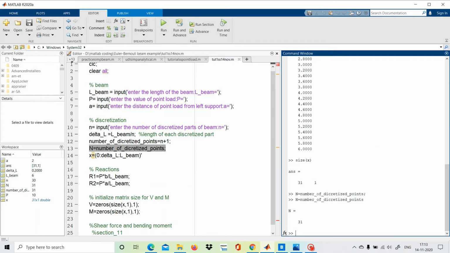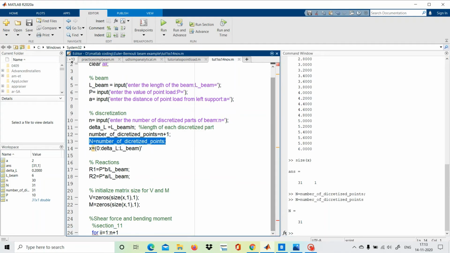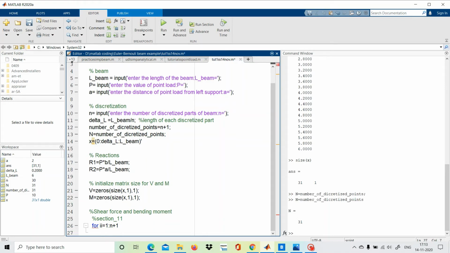So it is N equals 31. We have given the small n equals 30, so the number of discretized points is 31. So now we can also write here in the code 1 to n plus 1 or 1 to capital N, both we can write. So we are writing just n plus 1 here, no matter.